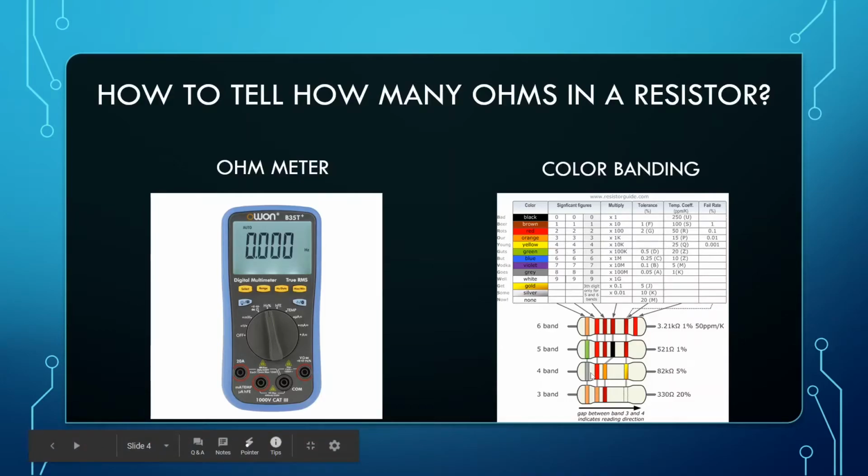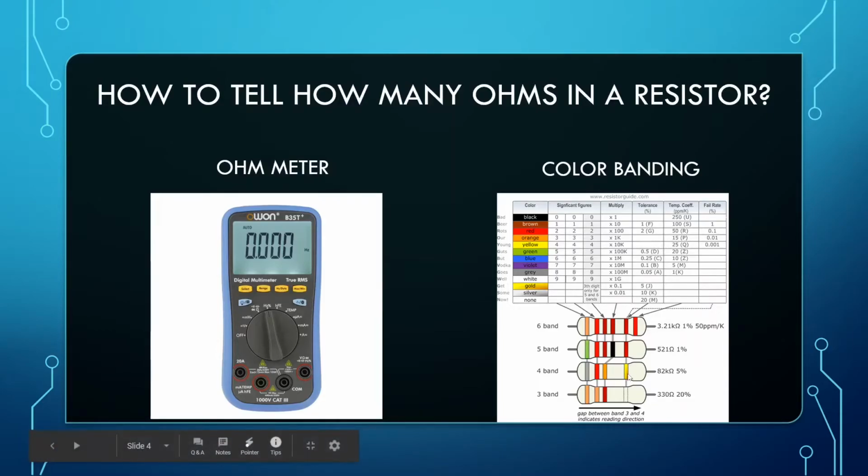Let's do an example. Gray, if you look at the table, is 8. Red is 2. And then orange is 1K. So it becomes around 82 kilo ohms.